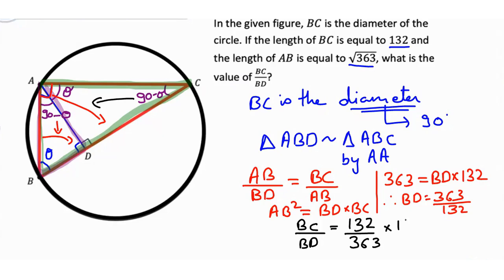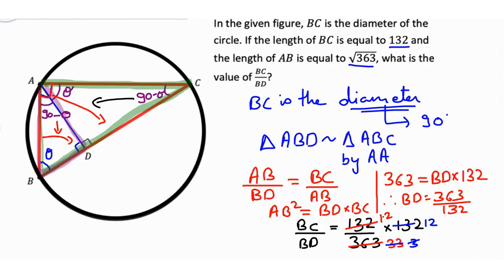So this will be multiplied here. Now we'll start cancelling this out. Now 132 and 363 can be divided by 11. This will go 12 times. This will go 33 times. Now this 132 can again be divided by 11. This will again go 12 times. This will go 3 times.